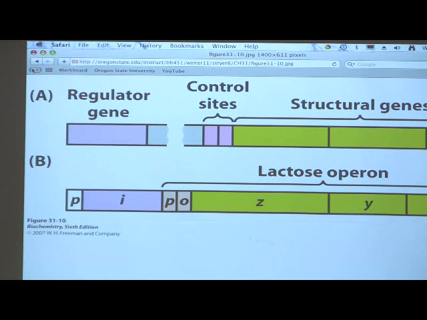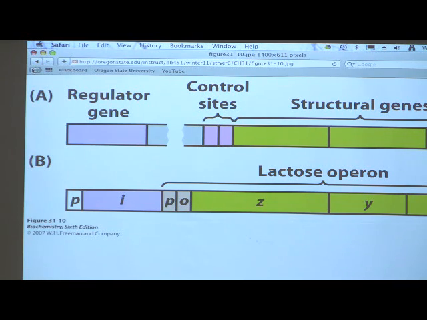Now, we have the thing that the cell needs to turn on transcription at a very high level. So, CAP acts in a very positive sense. It turns on transcription. Lac repressor acts in a very negative sense.